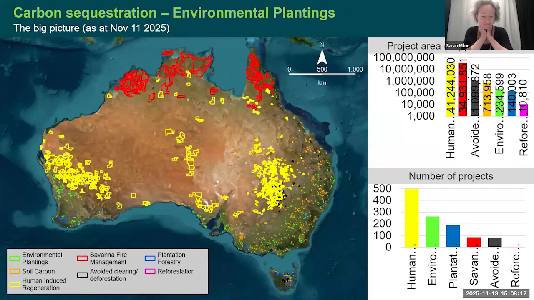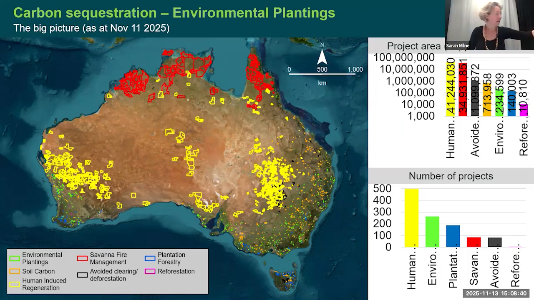So I thought it'd be worth just having a little bit of a look. Where are the carbon projects and what do they look like? And let's put environmental plantings into context. So you can see this national map here of the ACCU scheme. Up north, we've got a lot of red projects, and those are savanna plantings. Throughout the rangelands of Australia, you can see an abundance of human-induced regeneration plantings, and there are a variety of other methods as well that you can see there.